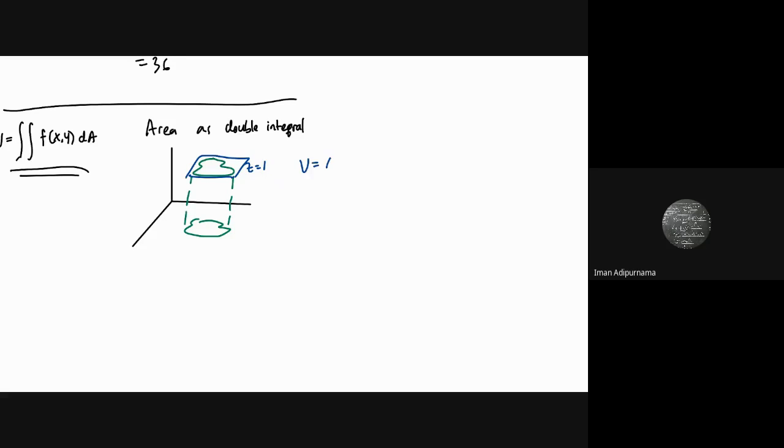Volume is area multiplied by the height, but because the height is just a constant one, the volume is equal to the area. So this is a special case that might happen, and you can use it to find the area instead of volume.